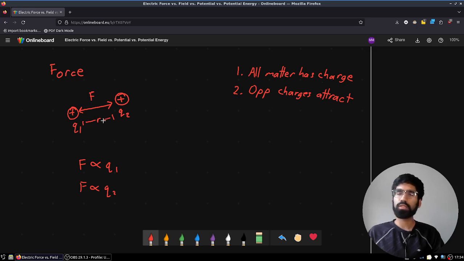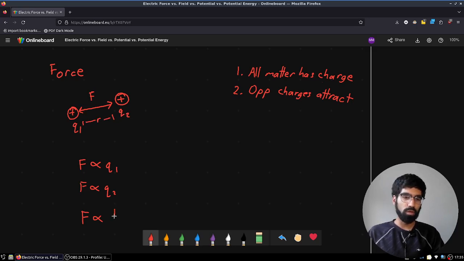How about the distance r between the two charges? They did notice that there was a link between the distance r and the force that they observed. However, it wasn't that if you increase the distance, the force goes up. And it wasn't that, let's say you make the distance 2 times larger, then the force goes down by 2 times.